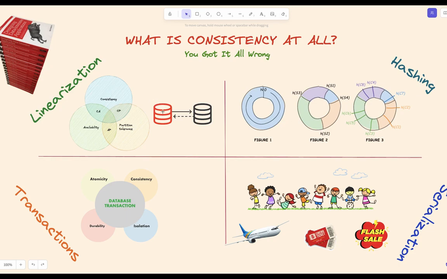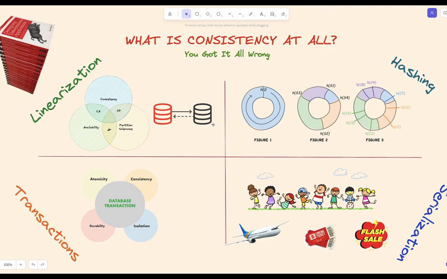That write was not yet made at this instance, so any read request for it would result in an inconsistent result, because any read on this replica will return that write and any read on this replica will not return that write. So essentially your read requests would be inconsistent, right? This concept is essentially called linearization.